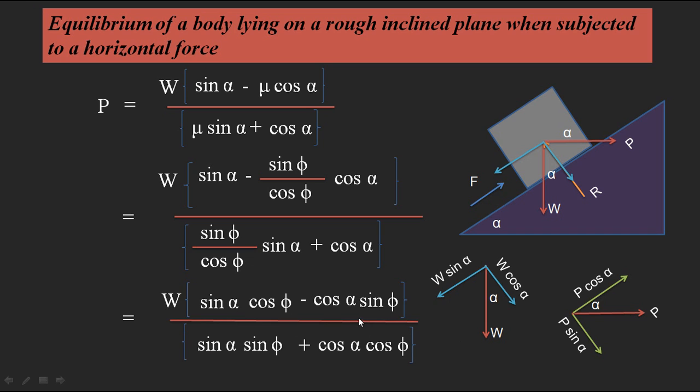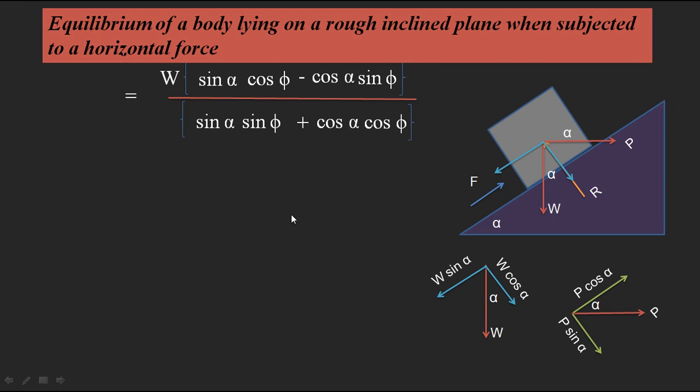When you observe this equation, it is in the form of sin A cos B minus cos A sin B, which is sin of (alpha minus phi). Similarly here also, cos A cos B plus sin A sin B, which is in the form of cos of (A minus B). So try to simplify this equation. Directly we will be getting W of sin (alpha minus phi) divided by cos (alpha minus phi).